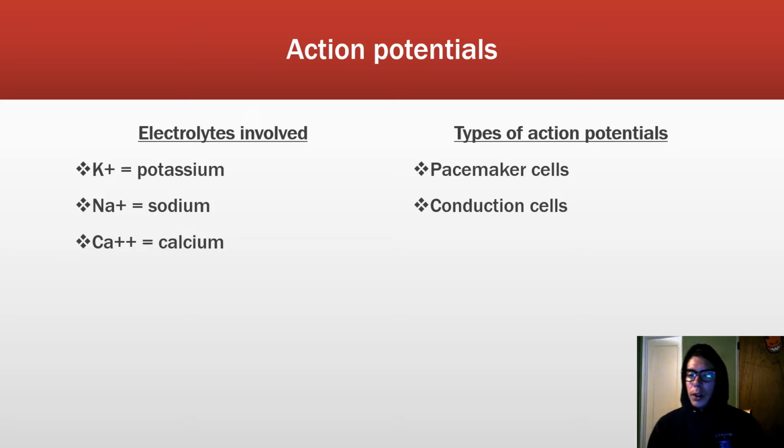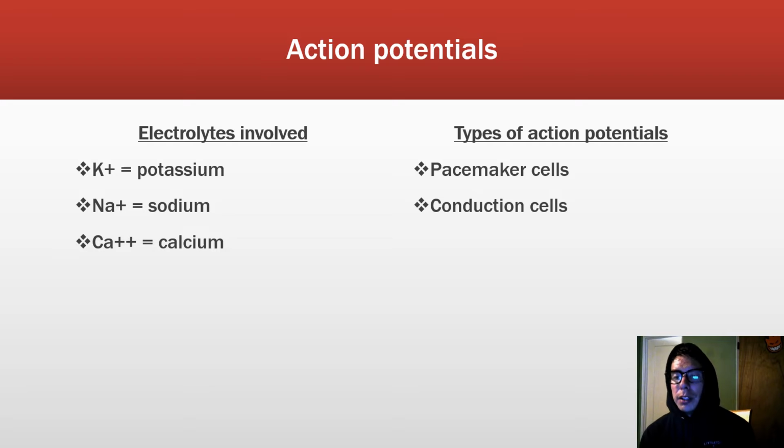So all that those electrical impulses are is a shift of electrolytes, because we have electrolytes that are outside of the cell and some that are inside. So when they shift and cause a change in positivity and negativity between the outside and inside of the cell, that causes depolarization or contraction of the heart, and therefore an impulse to be generated or conducted.